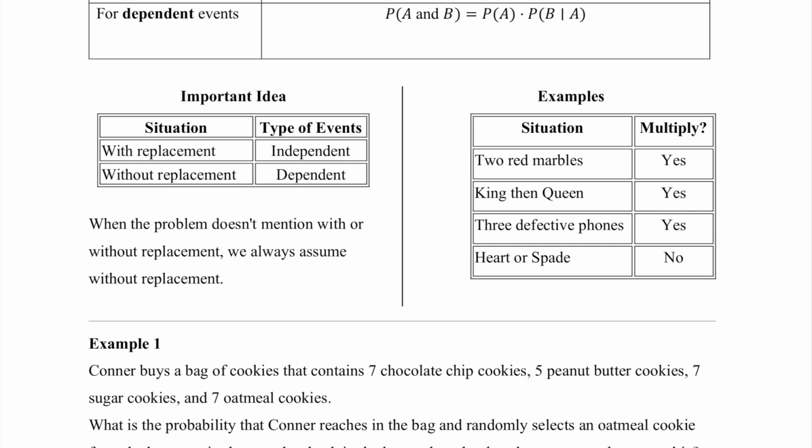We are interested in the probability that all three phones are defective. Every event must occur. And finally, consider the event heart or spade. Should we multiply? Nope. Notice the word or. We are not requiring both outcomes. Either outcome would satisfy the condition. This is not a multiplication problem.